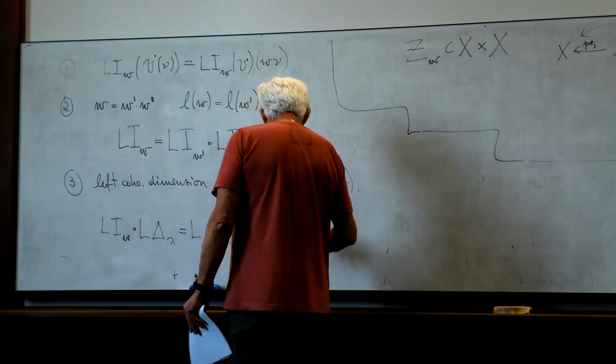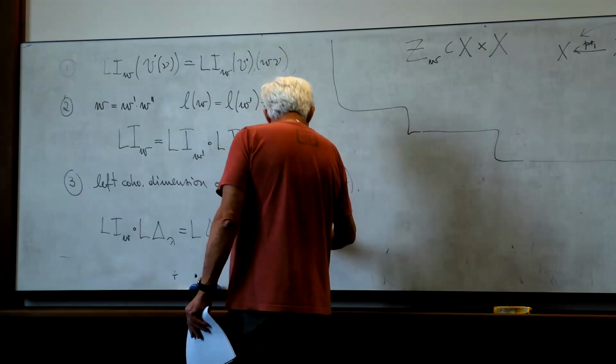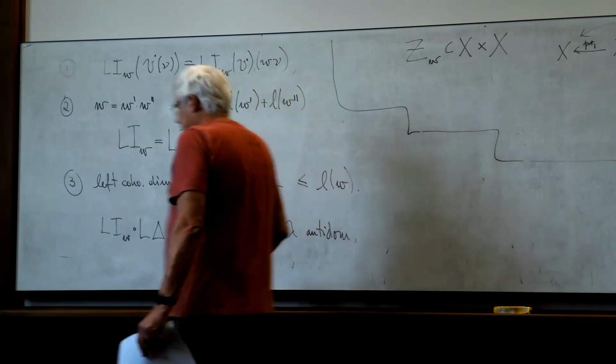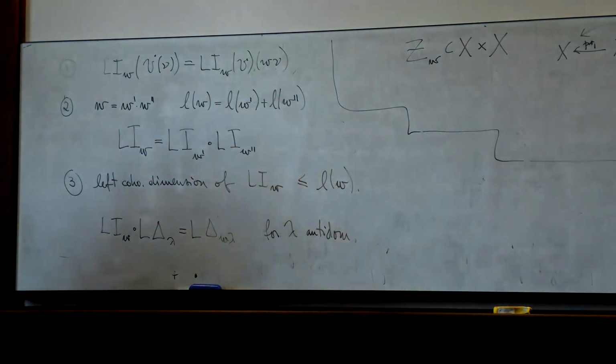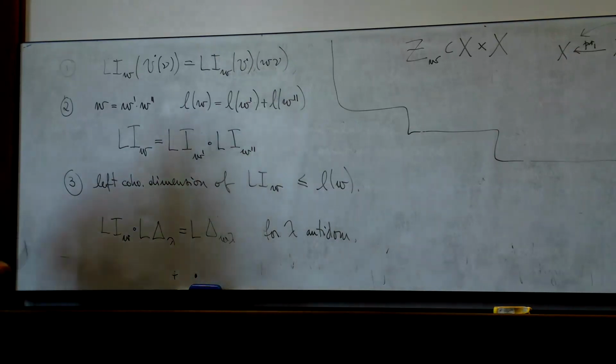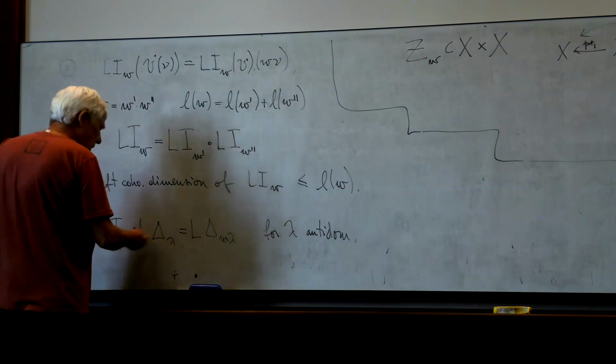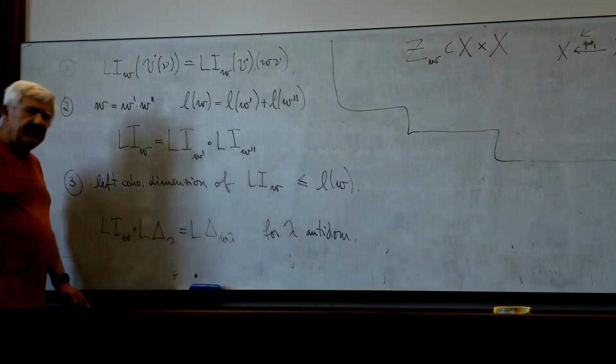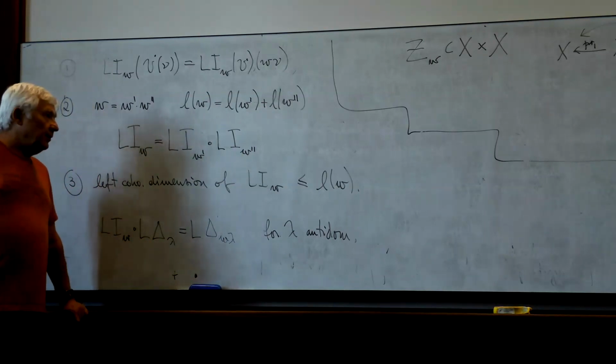That's for anti-dominant lambda. This works for all levels. So basically, the point is that intertwining functors give you a way to calculate the other localizations from one localization.